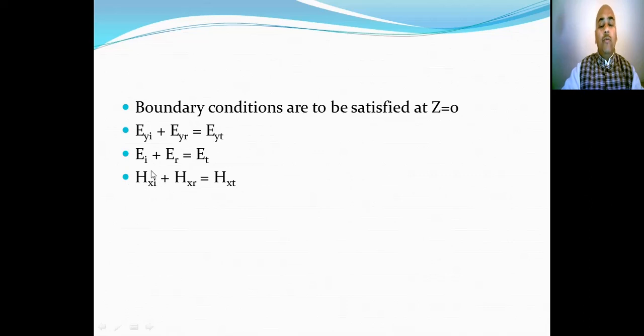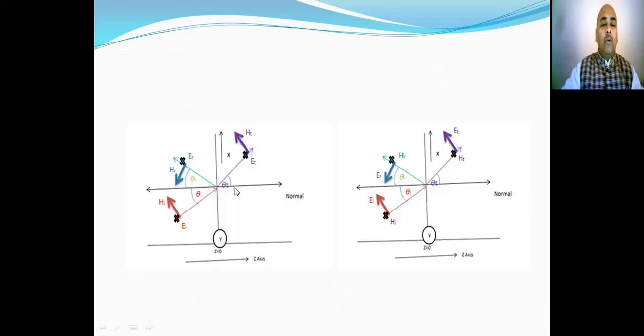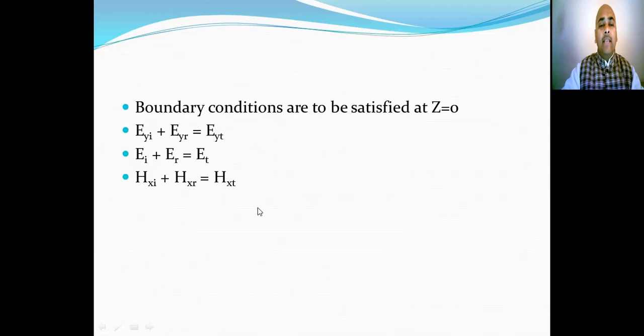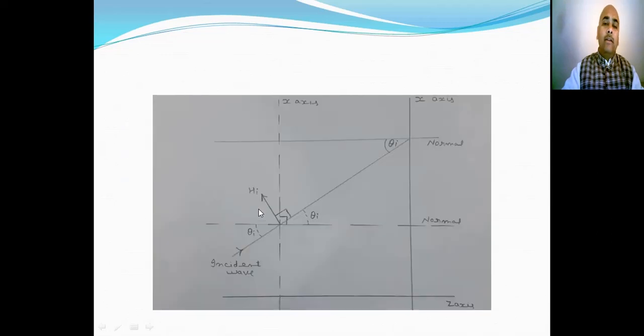In order to find H_xi, H_xr, H_xt in terms of H_i, H_r and H_t, we are redrawing the geometry as shown in the slide. Here was the x-axis and this was the direction of the normal. This is the incident plane wave which makes angle theta_i with the normal.